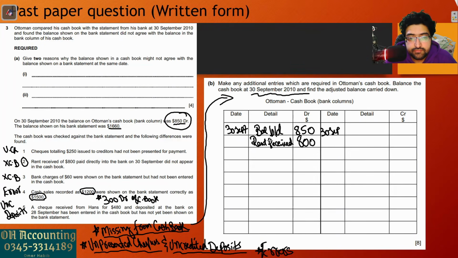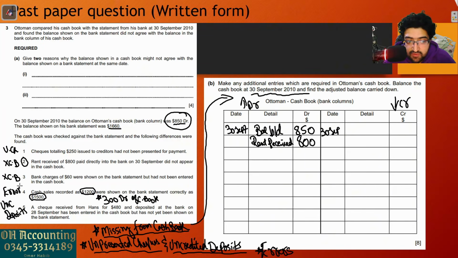Okay? You are receiving money. So you should be able to identify by reading the transaction: are you receiving money or are you paying money? If you're receiving money, you will debit. If you're paying money, you will credit, because assets when they increase are debited and assets when they decrease are credited.